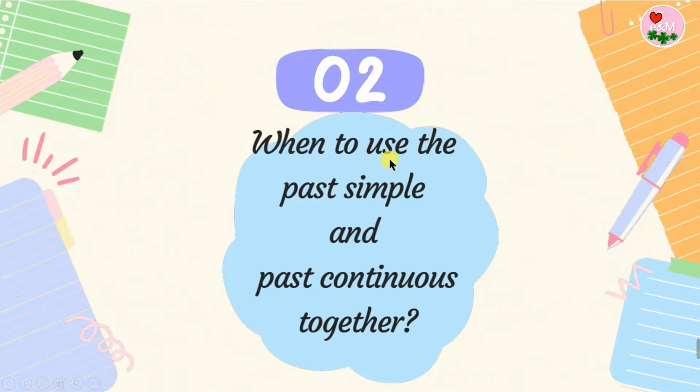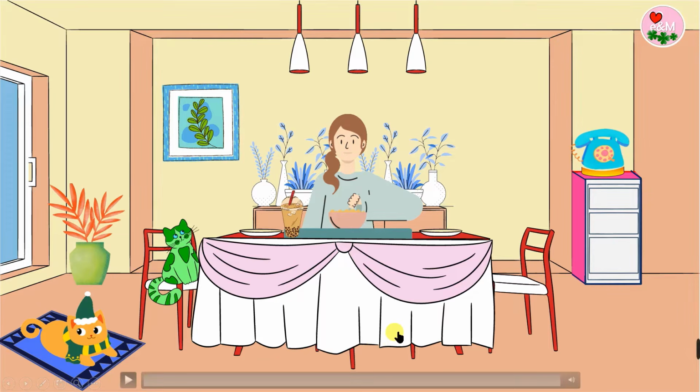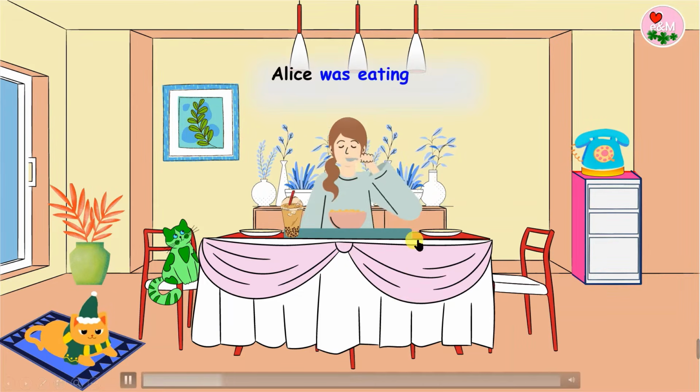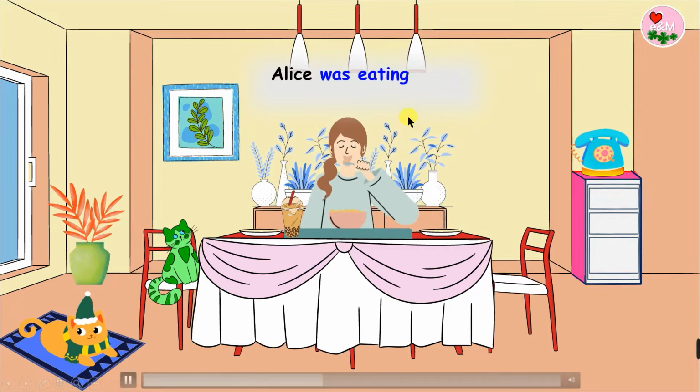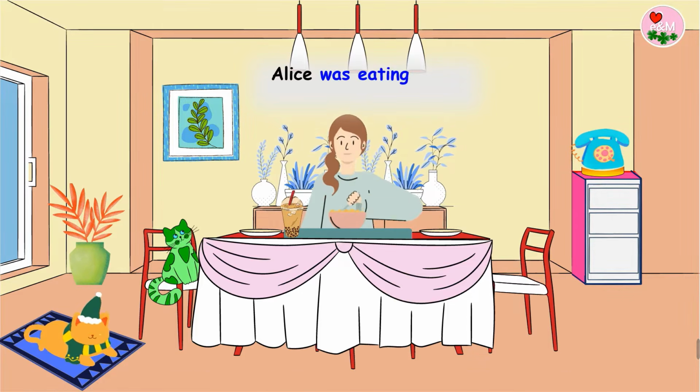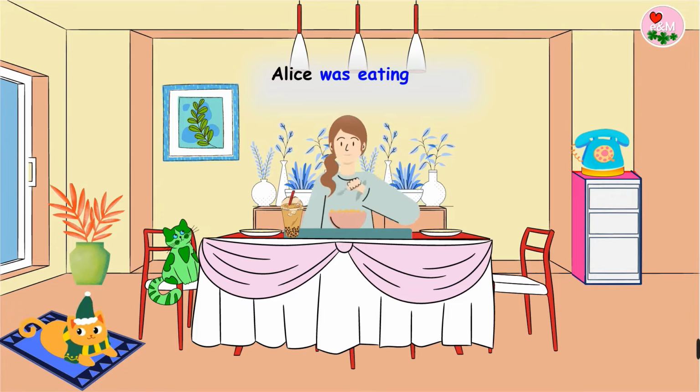Part 2. When to use the past simple and past continuous together. We often use past continuous tense with the simple past tense, like this. Alice was eating. We use the past continuous to express a continuing action in the past.